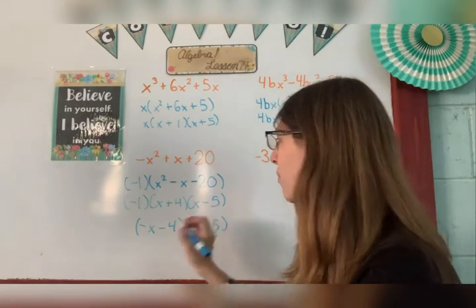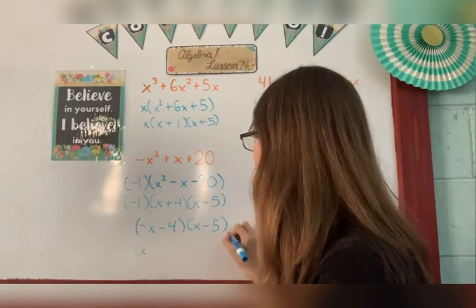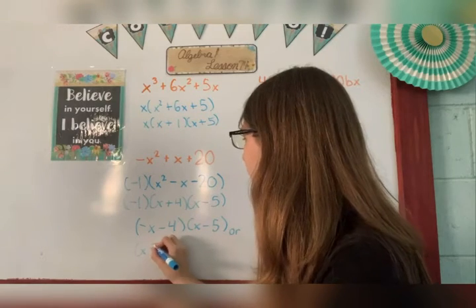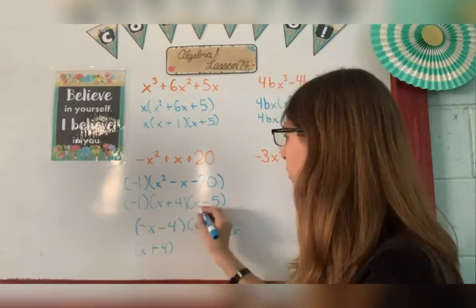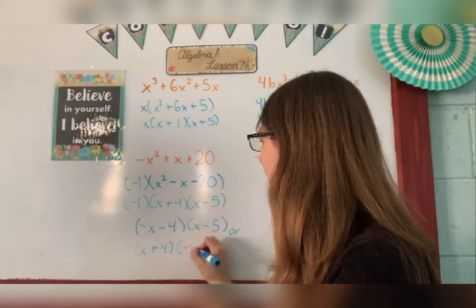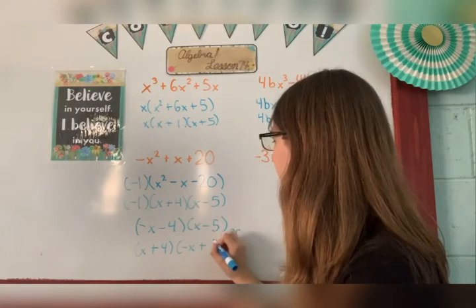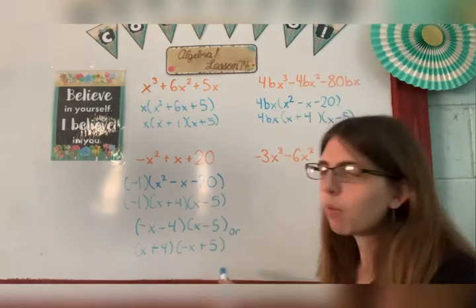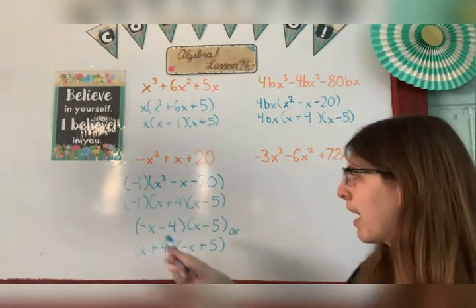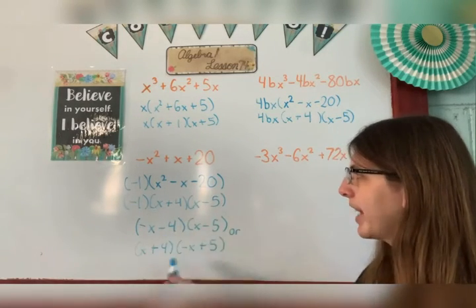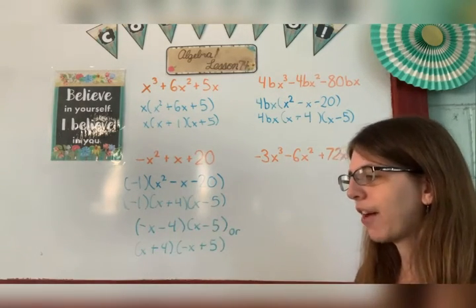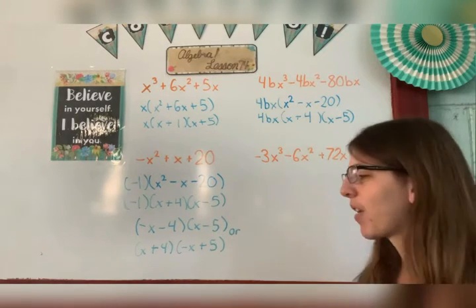Or you can multiply the second one and have x plus 4, and -1 times x is -x, -1 times -5 is +5. Either one of those are correct, okay? And it's better to just go ahead and multiply that -1 back in here than to have that -1 hanging out there in the front, okay? All right.